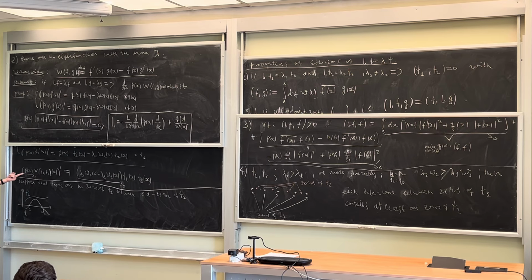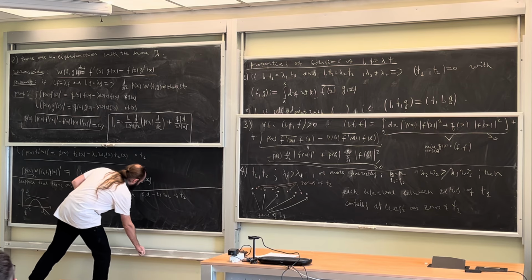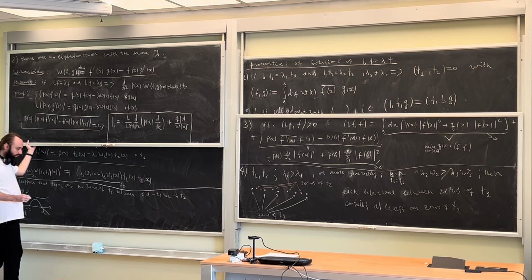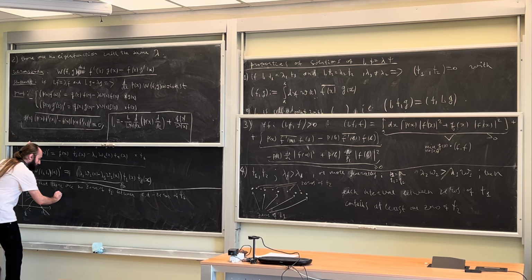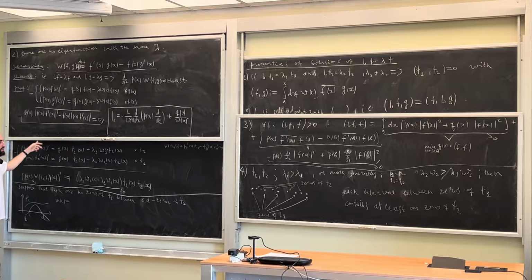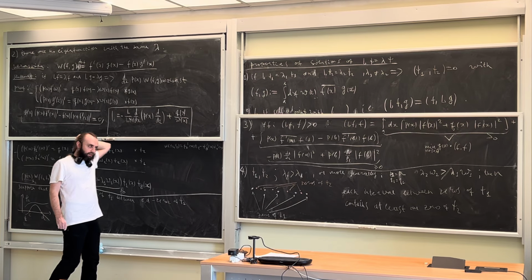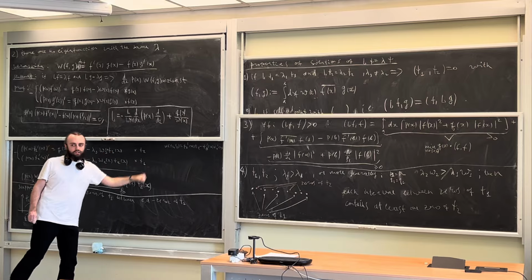Now let's look at the value of the Wronskian at the point C. Can you say whether it is positive or negative if you look at this definition?